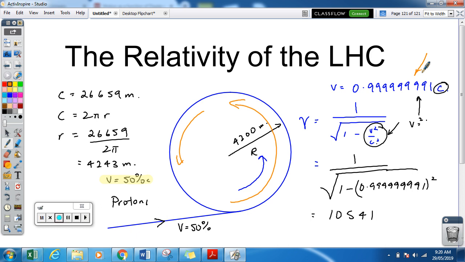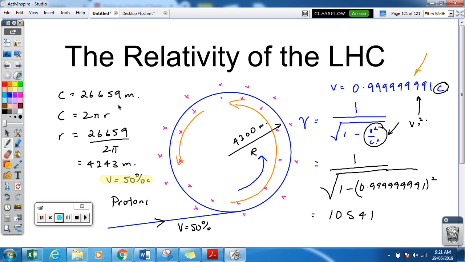When it first comes in, our magnetic field that is used to constrain it, we'll assume that the magnetic field is just at places around this pathway. In reality, these are massive superconductive coils, and that works at right angles to bend the beam in a circular path. And we know that the amount of force required is given by the centripetal force.